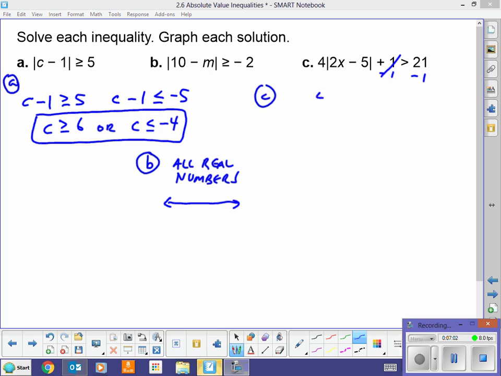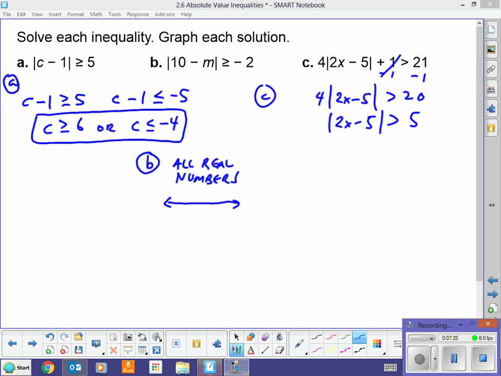So 4 times the absolute value of 2x minus 5 is greater than 20. Dividing both sides by 4 will leave me the absolute value of 2x minus 5 is greater than 5. Okay, so once again, isolate your absolute value brackets first.